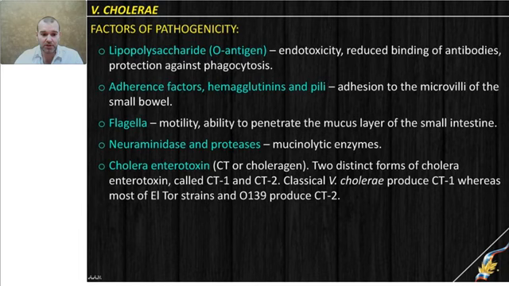The main factor of pathogenicity is cholera toxin, known as well as CT or cholera gene, and it exists in two forms called CT1 and CT2. Most often the CT1 type of toxin is produced by the classic cholera strain, whereas CT2 is produced by the main number of O139 strains and the main number of El Tor strains.